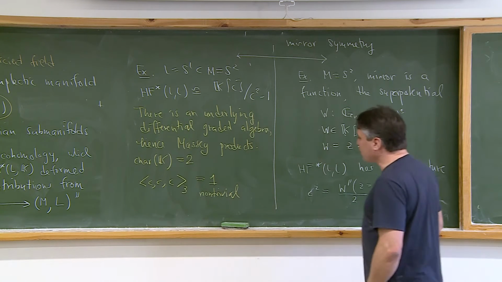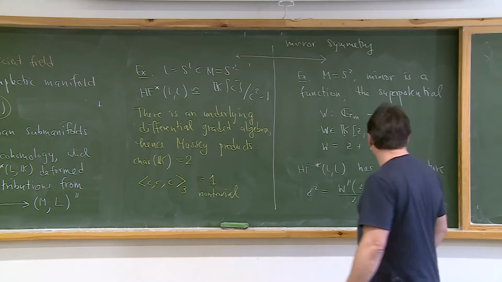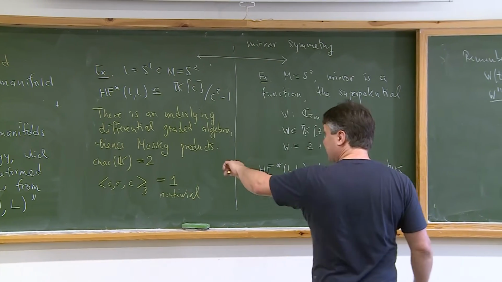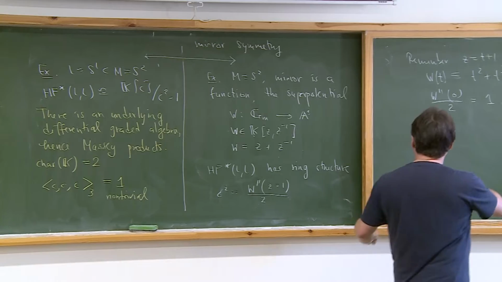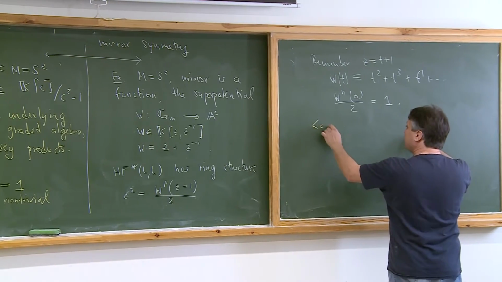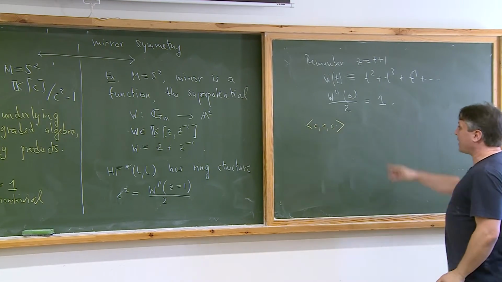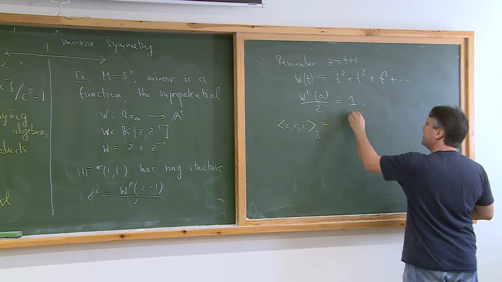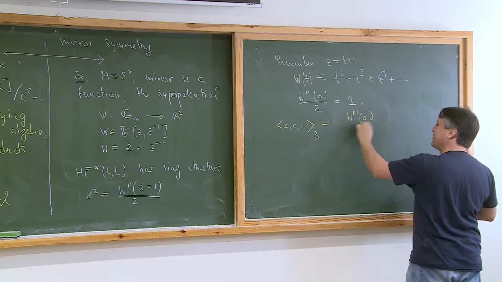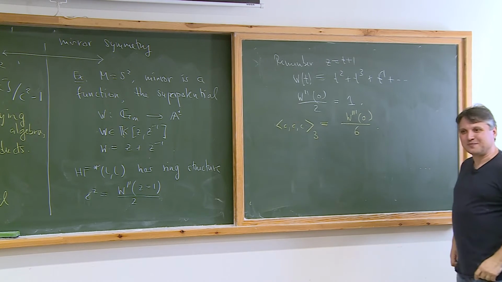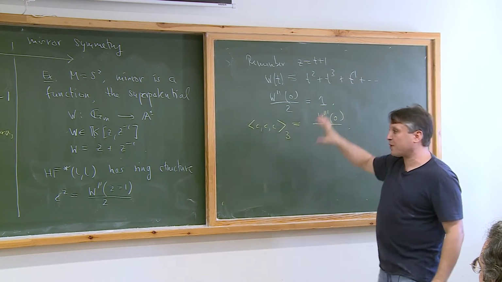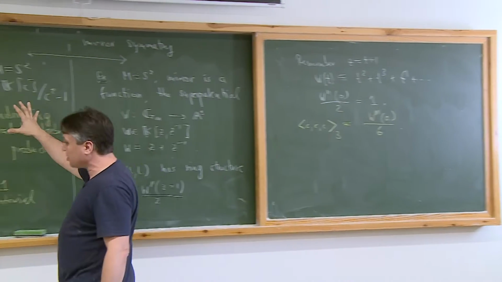This means that the co-chain level structure has some information that the cohomology level structure did not see, and in this case it is encoded in terms of the third derivative divided by 6. The fact that you could not remove this is an expression of a fact about Floer homology.